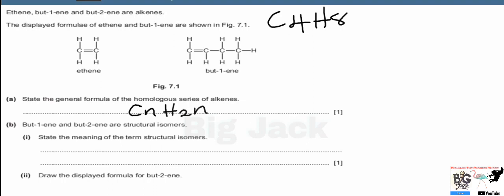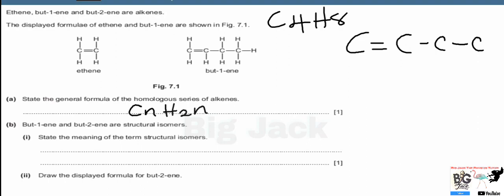When drawing isomers under alkenes, we consider where the double bond is. Here we have 4 carbon atoms. So I'm going to say C with a double bond, another C, another C, another C. So we have 4 carbon atoms here.